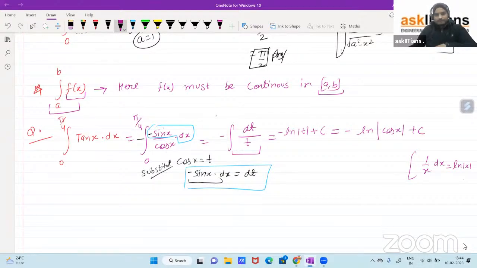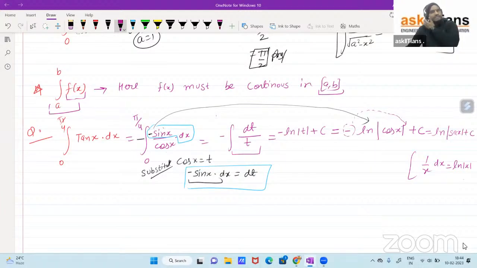This much you are getting. So basically, this integration is equal to minus ln of cos x, or you can write it as ln of sec x also, plus c. Because this minus will go over here as the power of cos. So cos x to the power minus 1 will be 1 upon cos, that will be sec x. So ln of sec x plus c.